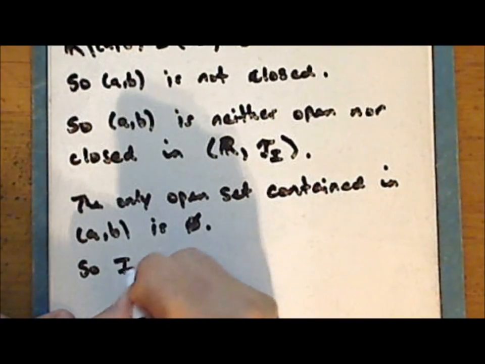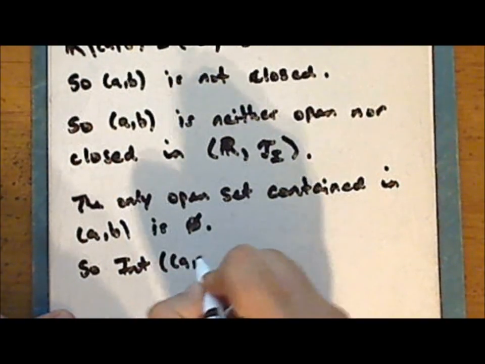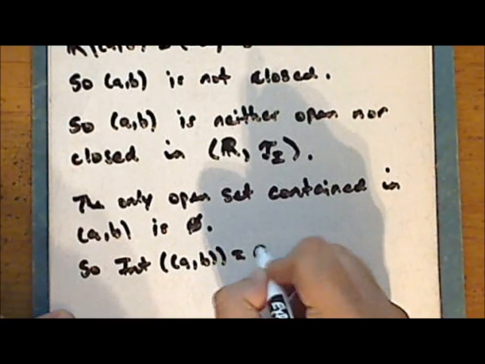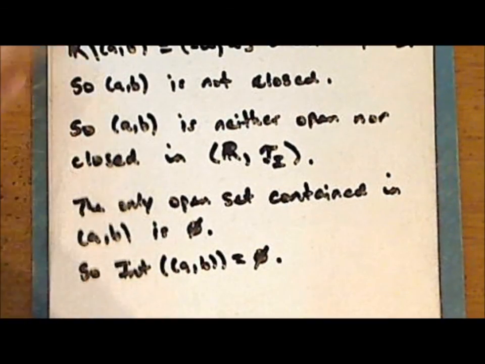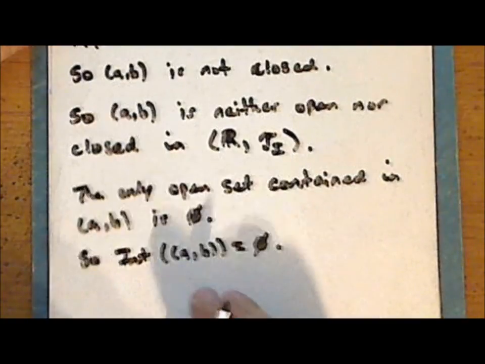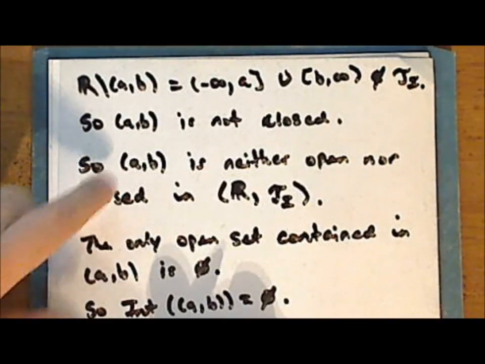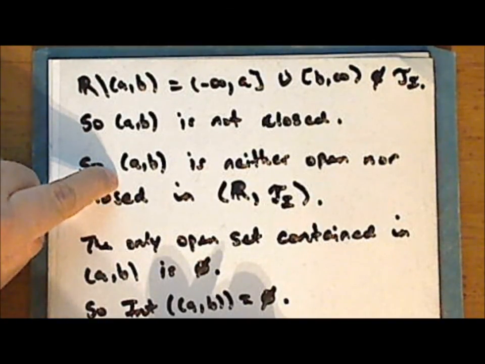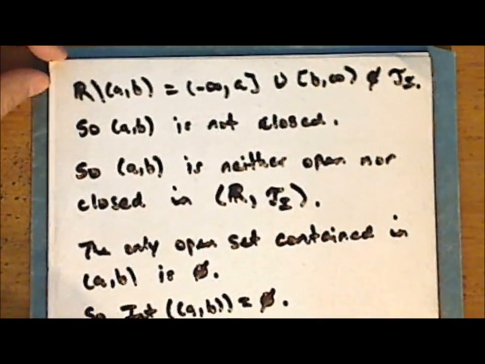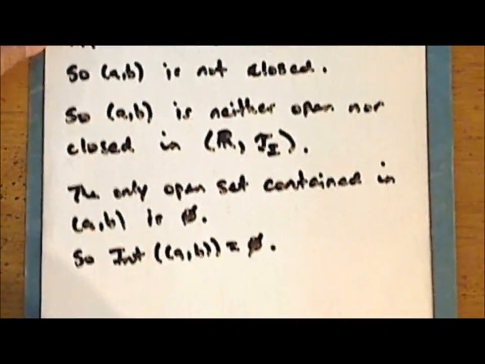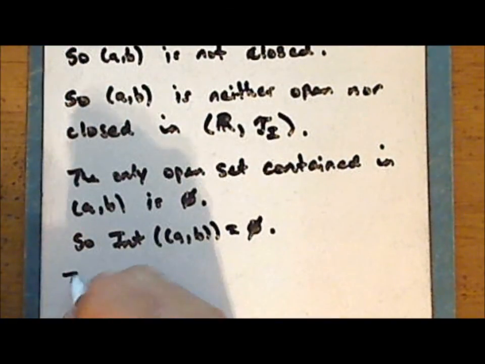And so the interior of the interval is the empty set. Now, if we give a geometric interpretation of this statement, what we mean is that the subset, which is the interval from A to B, does not have an interior in the space consisting of the set of reals with this topology.